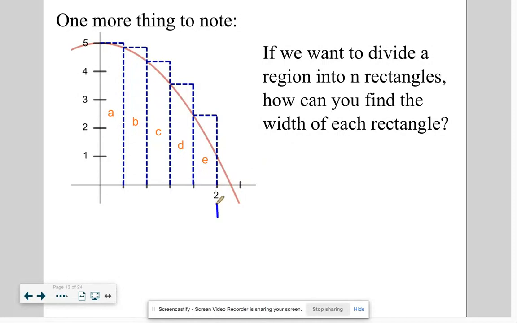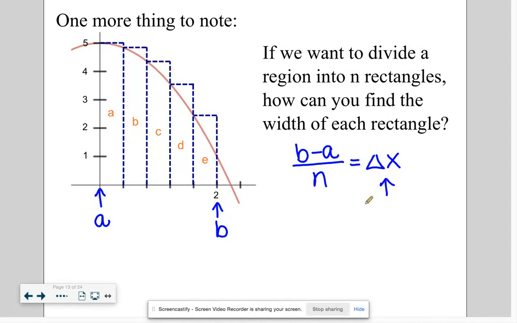All you're going to do is take your B value, which is the end of the interval you're analyzing, and your A value, which is the beginning of the interval, subtract those values and divide by the number of rectangles.